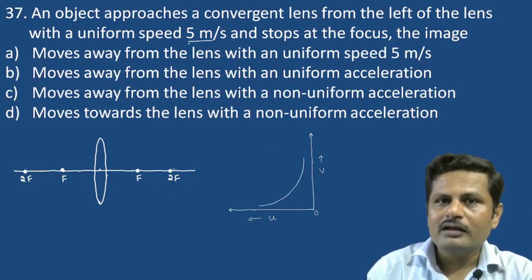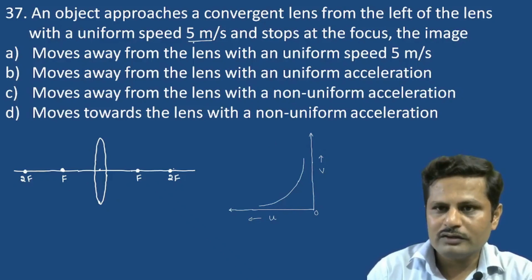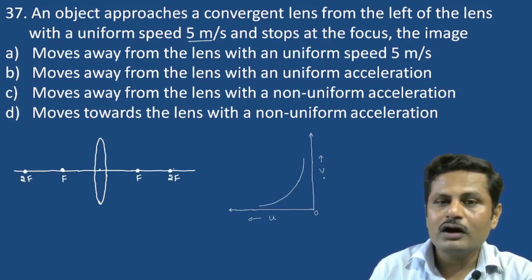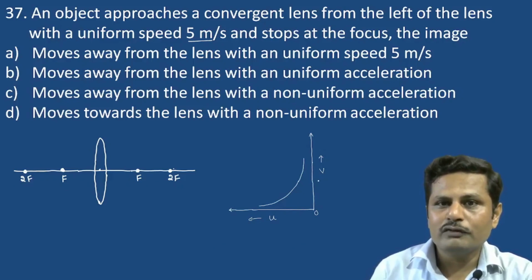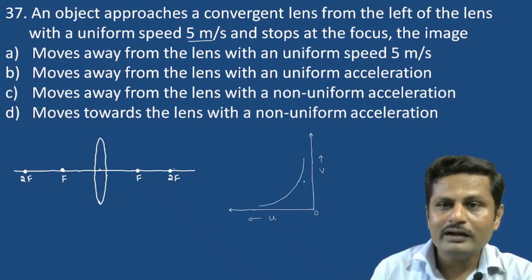But here the object is moving with uniform velocity, therefore the image must move with non-uniform velocity. That is, the velocity of the image is different at different instants of time. So the velocity of the image is non-uniform and it is varying.